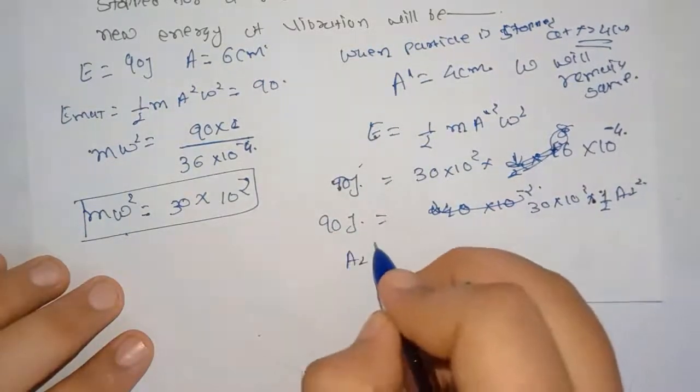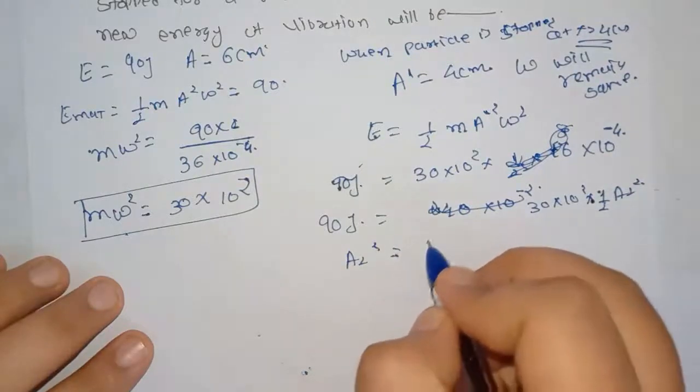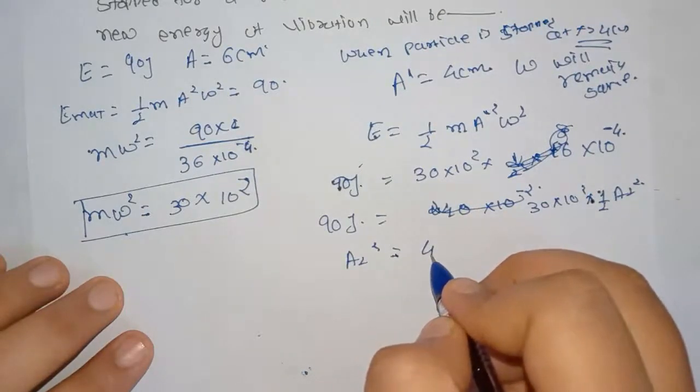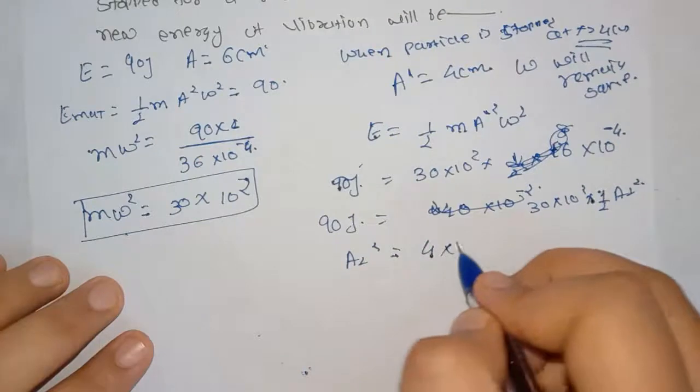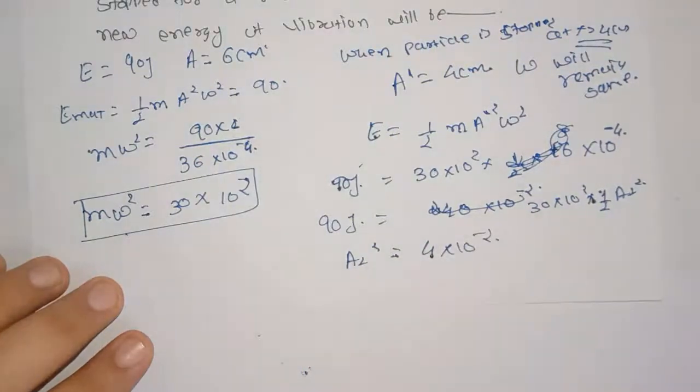So a2 square will be equal to 4 into 10 power minus 2.